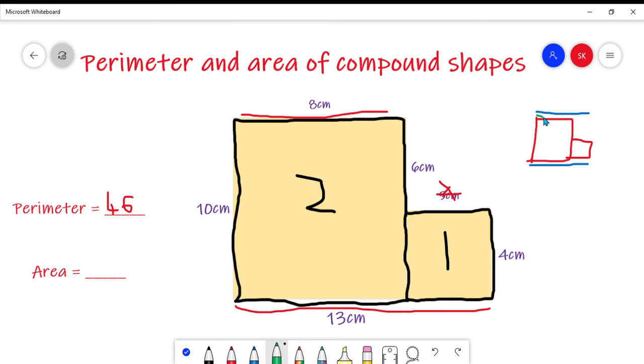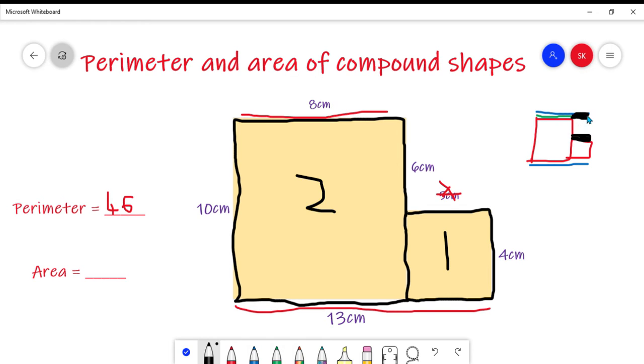So 8 centimeters isn't the full thing. There's this little gap which I'll mark in black. There's this gap just down here, and that gap is going to be the same length as this too.